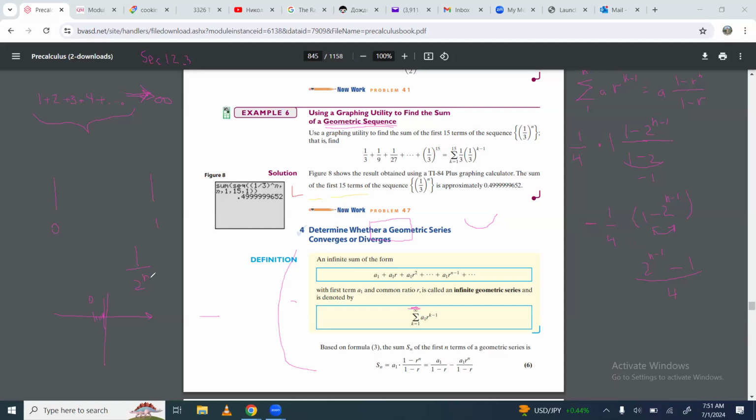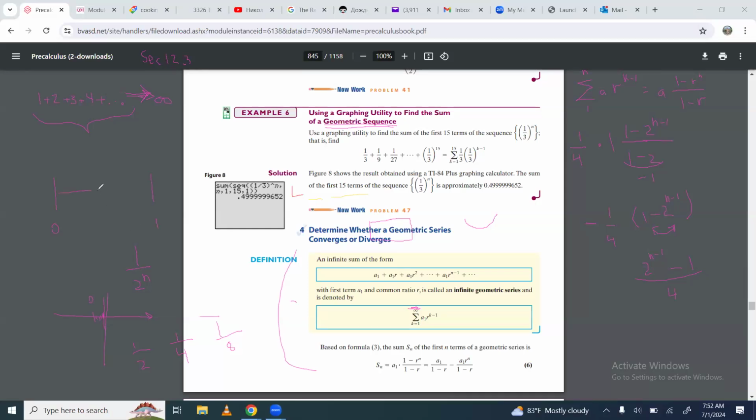The power will vary: 2 raised to the first power, the second power, so 2 squared is 4, the third power is 8, then 16, 32. So we keep multiplying the denominators by 2.